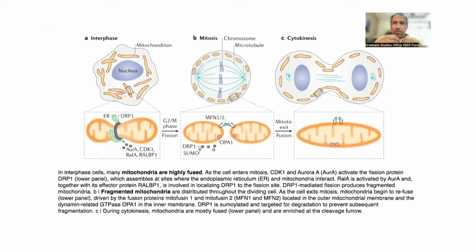So essentially, big long mitochondria are now cut into pieces, right? And now these pieces are distributed throughout the cell, right? And then when the cell divides, you have a more or less even distribution of the fragmented mitochondria between the two daughter cells.